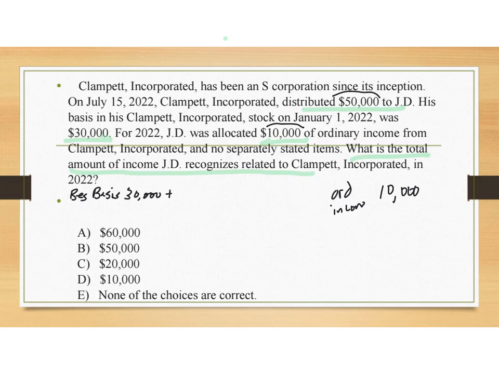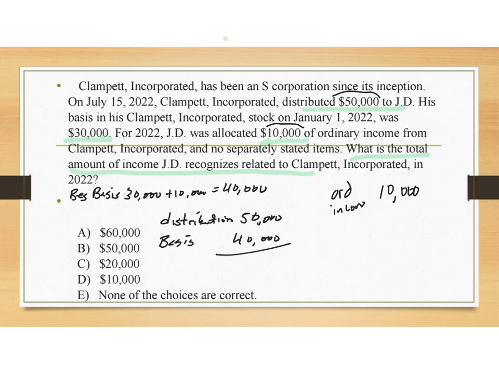We know that he was allocated $10,000 of ordinary income, so his ending basis is $40,000. We know that he got a distribution of $50,000, but his basis was only $40,000.